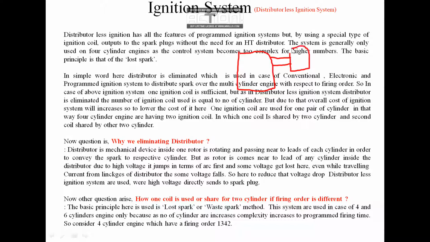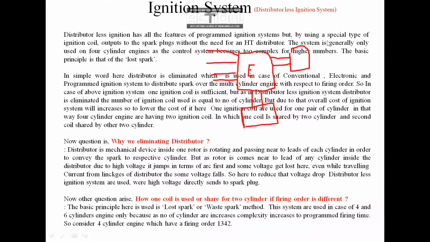Consider this is your ignition coil. I'm talking about the four cylinder engine only right now. So these are the inputs coming from various sensors, NOx sensor, engine coolant temperature sensor, and this is your ECU.